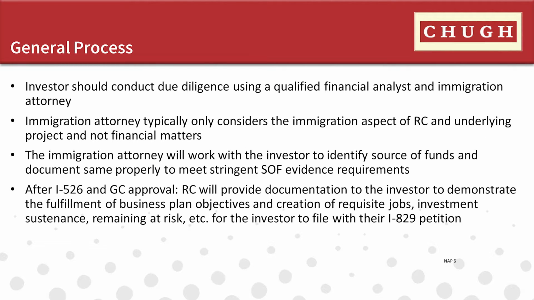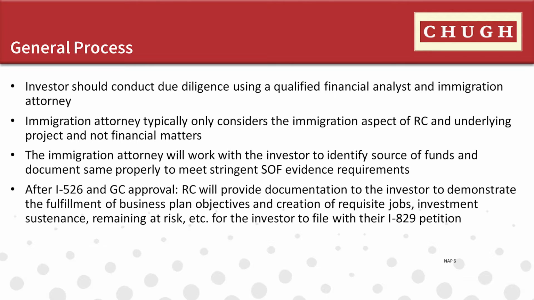The general process of the regional center: first, the investor should conduct due diligence using a qualified financial analyst and an immigration attorney. The immigration attorney typically considers only the immigration aspect of the regional center and underlying project, but not the financial matters. The immigration attorney will work with the investor to identify source of funds and documents at the same time to properly meet the stringent source of funds evidence requirements.